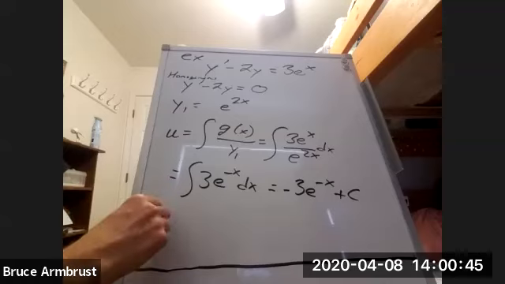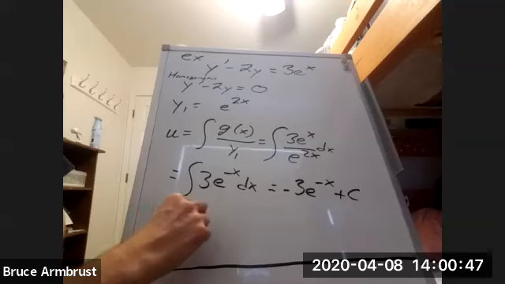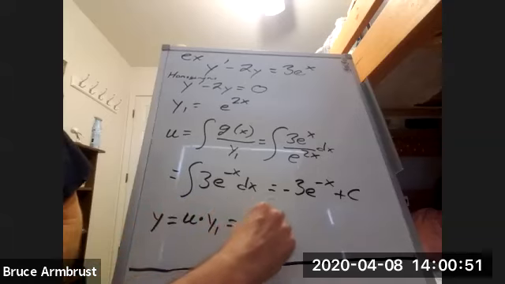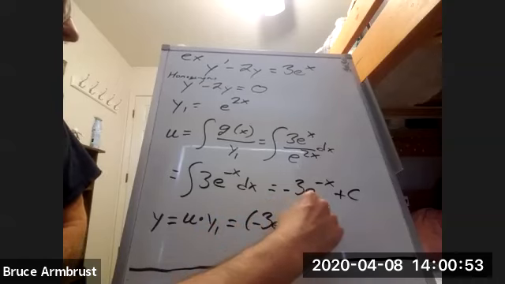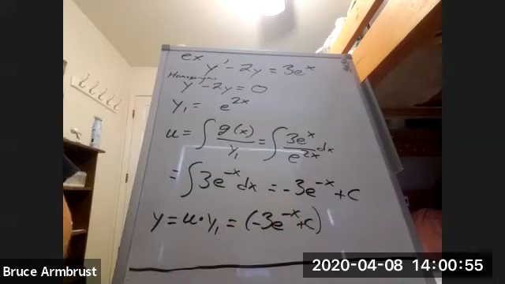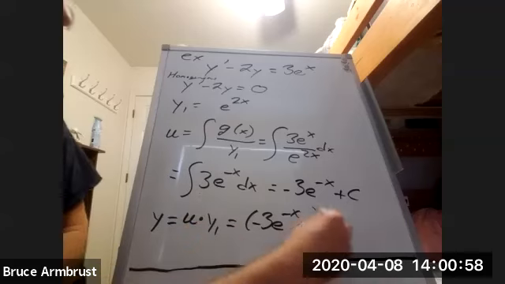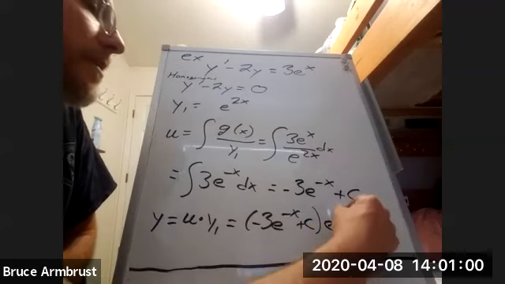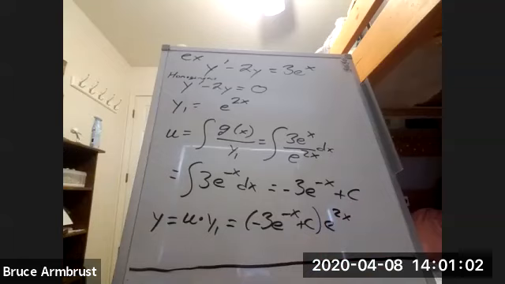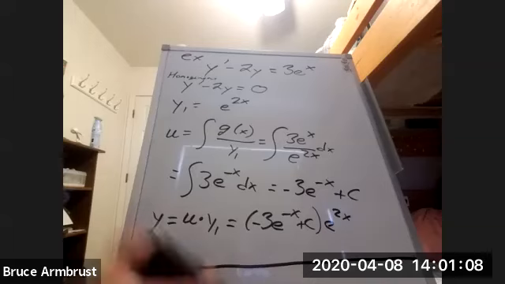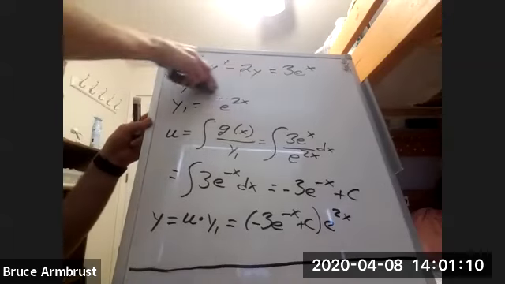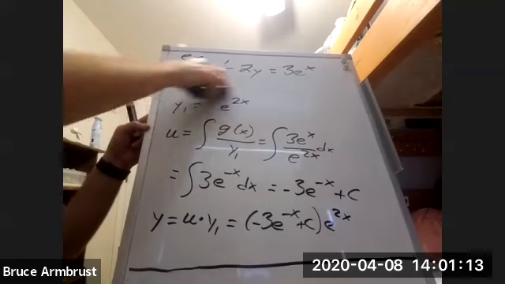So our solution, remember what it was, it's u times y1. So we're going to have minus 3e to the minus x plus c times y1. And y1 was the solution to the homogeneous, which is e to the 2x. So I'm going to write the answer up here, clear some space.